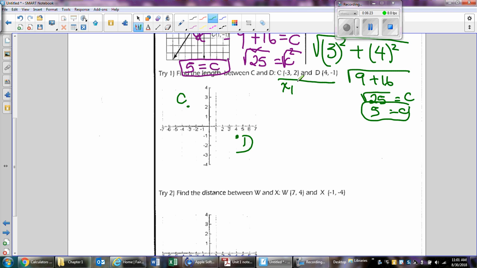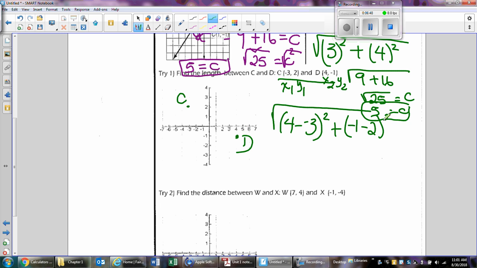So I'm going to label the first one x1, y1, and the second one x2, y2, right? And then the formula goes in: x2 minus x1, so x2 is 4 minus -3, squared, plus y2 is -1 minus 2, squared.